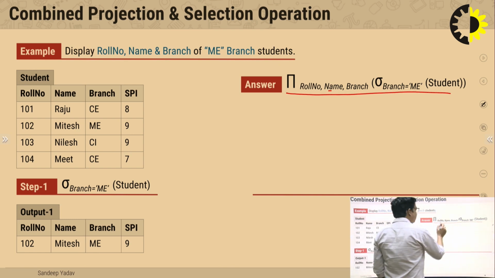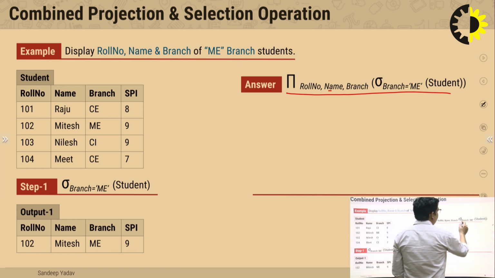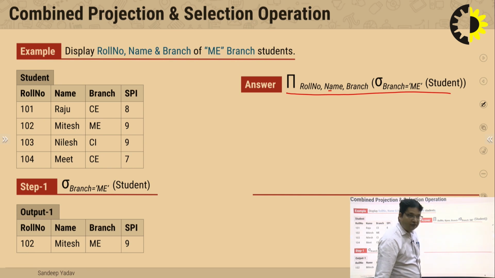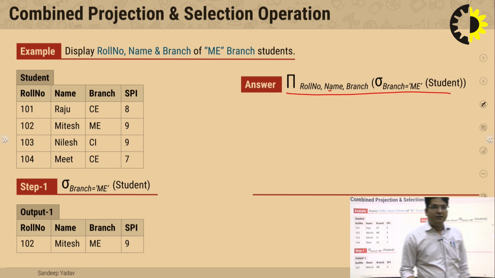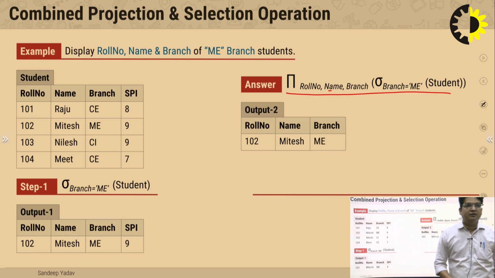We want roll number, name, branch, and the condition is that branch name equal to ME, followed by the name of the relation student. So this is how we will write the query for this particular situation. Now the output we are seeing is 102 Mitesh and ME. So based on the condition that branch is ME, it will display the result of only the ME branch.